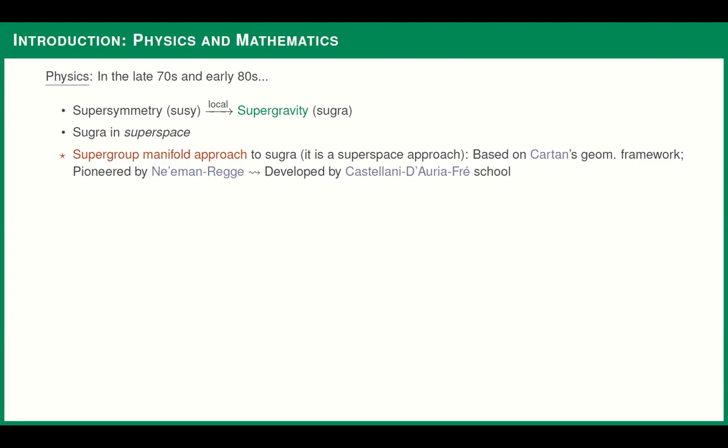Then it was further developed and implemented to reproduce several supergravity results, also rigid supersymmetry results, and also to go beyond the current scenario, to try to grasp more about the geometric structure of supergravity theories in different dimensions and with different amounts of supersymmetry, by what we call the Castellani-Ravera school, mainly based in Turin.